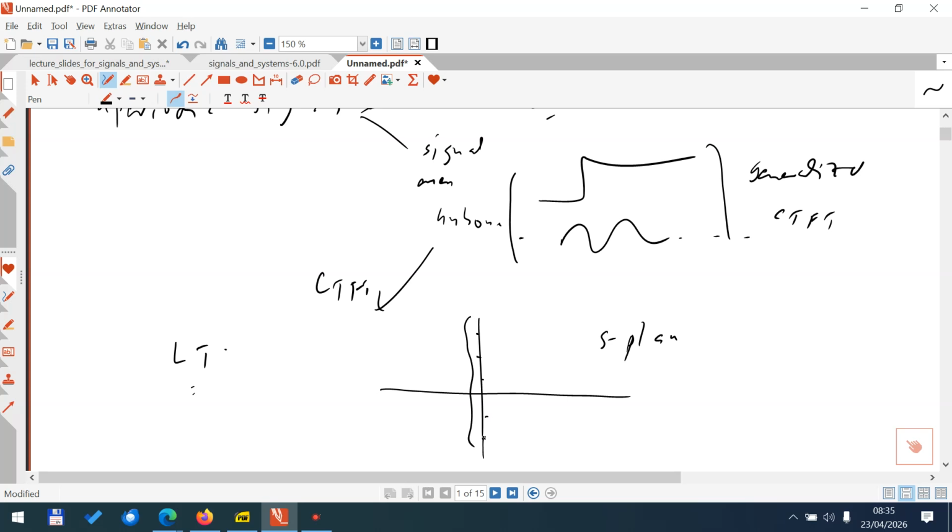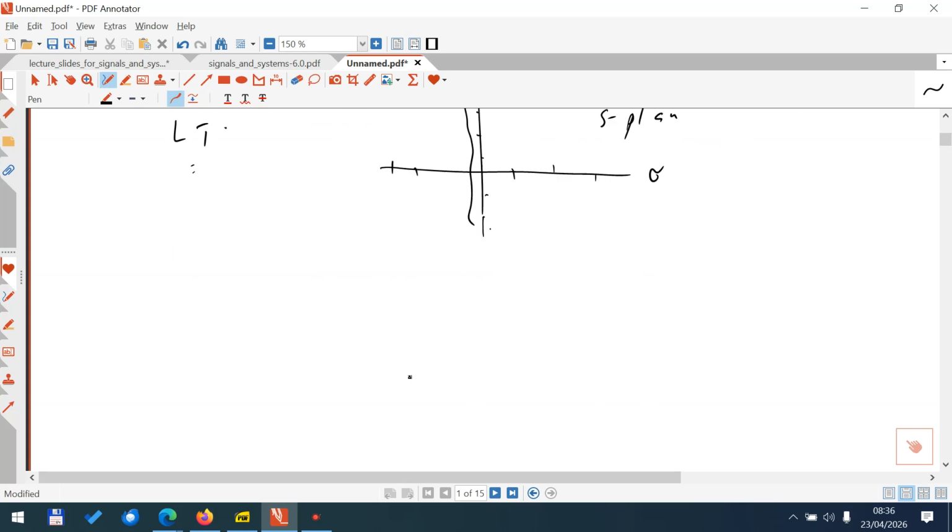Everything you compute on the omega axis is just a repetition of the classical CTFT. For signals with convergence issues, we introduced the real axis, the sigma axis, which allowed us to control the region of convergence, and that's why you have those ROCs.